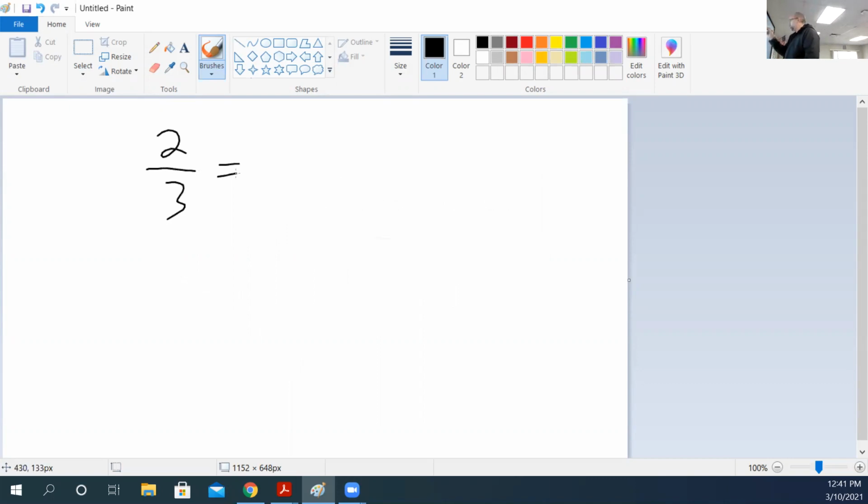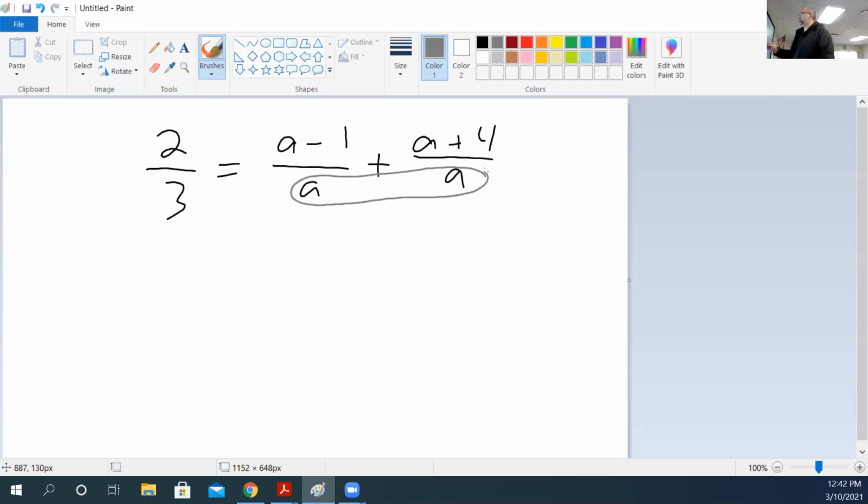2/3 equals (a minus 1) over a plus (a plus 4) over a. Okay, so we've got different pieces. First thing we do is see that on the right side we have the same denominator. So we'll copy this down by itself, and then combine these two on the right side under the same denominator.